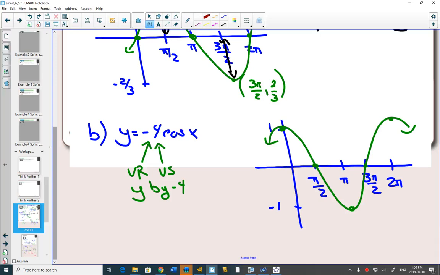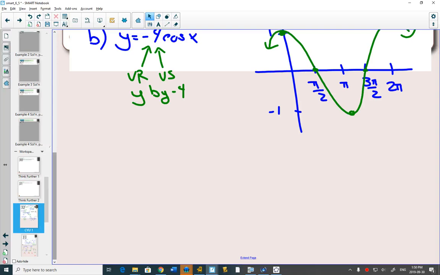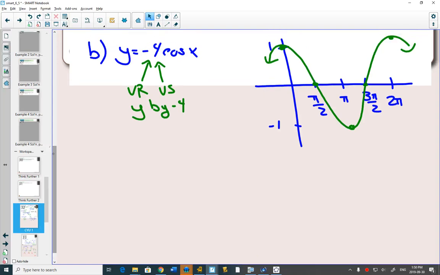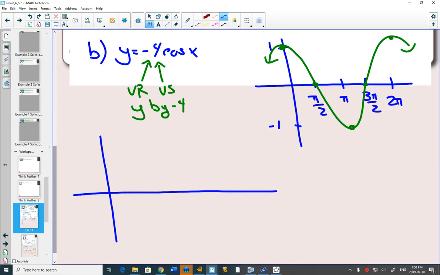Now, if that's my regular cos graph, when I go to graph y equals -4 cos of x, well, here's 2 pi. Split it into 4 equal sections. If I multiply y by -4, does it make sense that where it's 0 is not going to change?